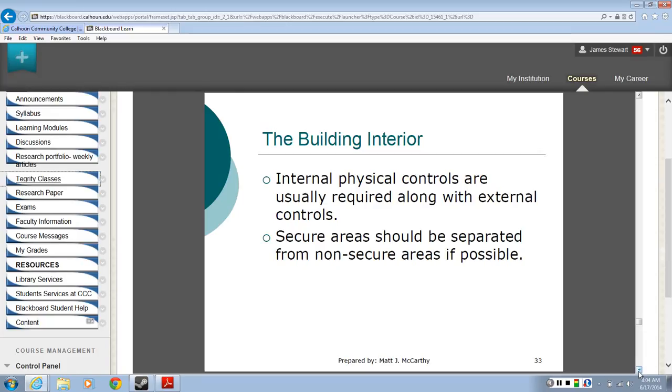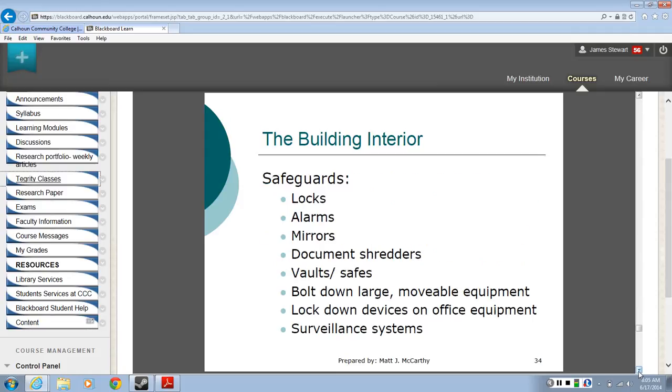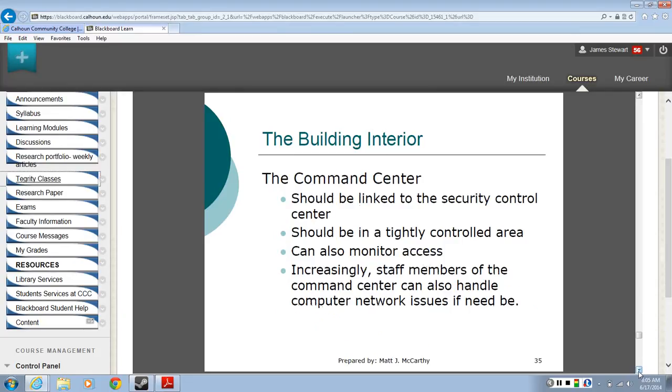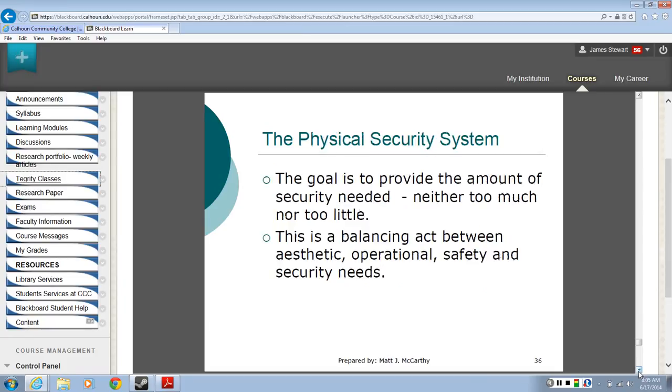Maybe you have a security officer who makes sure that those two areas do stay separate. Again, using locks, alarms, mirrors, vault safes, shredding your important documents, surveillance systems. Maybe you have a command center that watches all those cameras throughout the day and night.